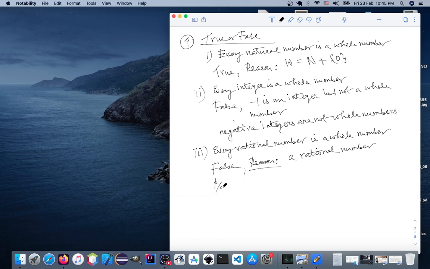is of the form p by q, obviously q not equal to 0, where p and q are co-prime, that is, they do not have any common factors.